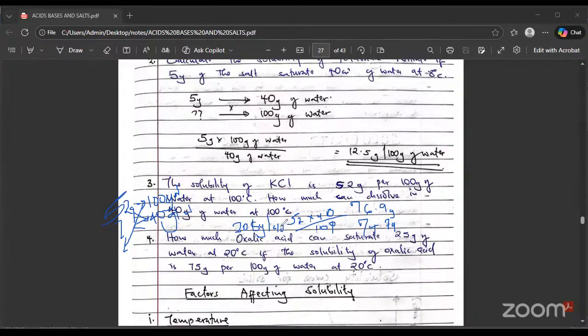So actually, if you are given this question now, I want to explain this question. I don't know how you did it, but I know where the confusion came in. I think the 52 grams per 100 grams, and then you ukaweka 40 the other side. I think that is where the confusion came in.